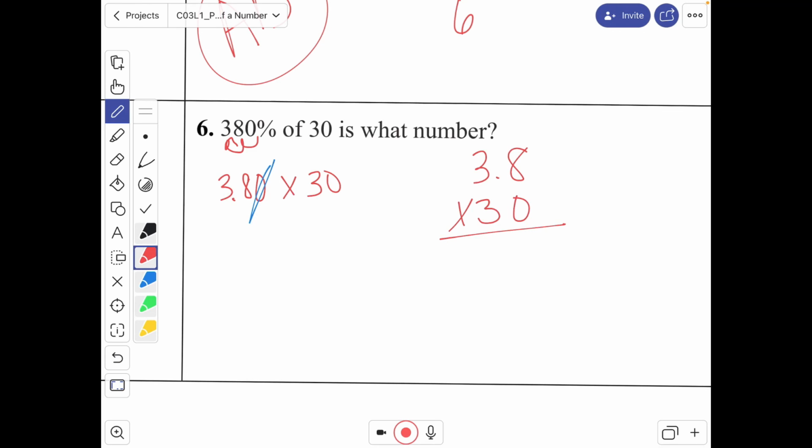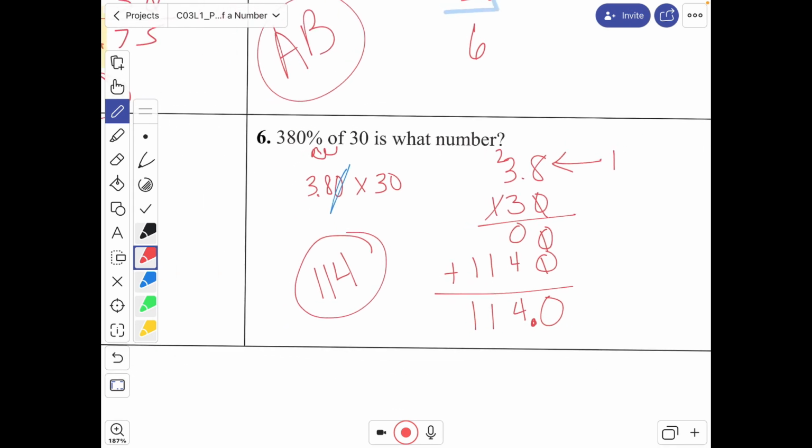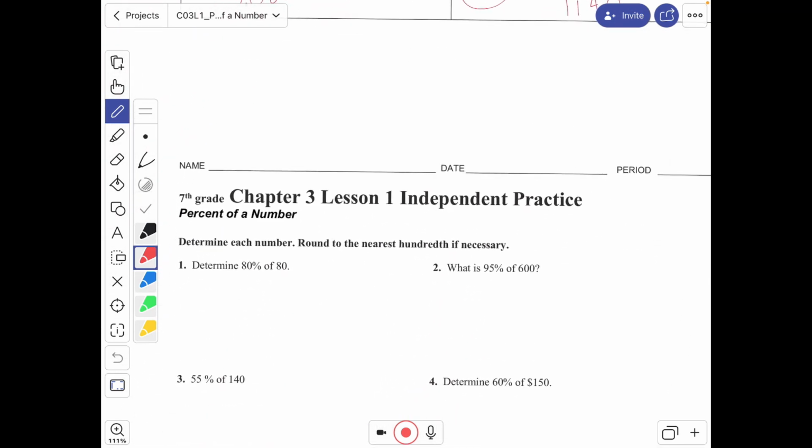Go ahead and work that out. When we did this problem, there was only 1 space behind the decimal, so we need to just move the decimal over 1 space. That makes our answer 114. So basically, you're just changing it to a decimal and multiplying.